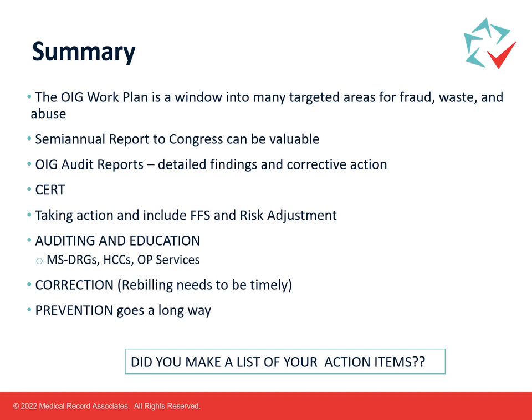I've used those many times myself to do a focused audit to know where to draw my attention. The CERT report is a good thing to look at every year as well, and take action and include both fee-for-service, FFS, and risk adjustment, like Medicare Advantage, or the HHS HCCs under the Affordable Care Act.